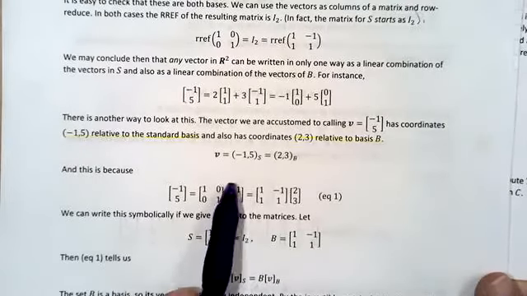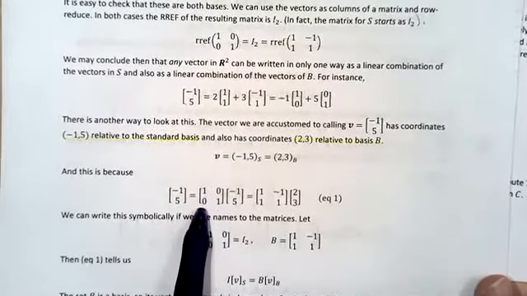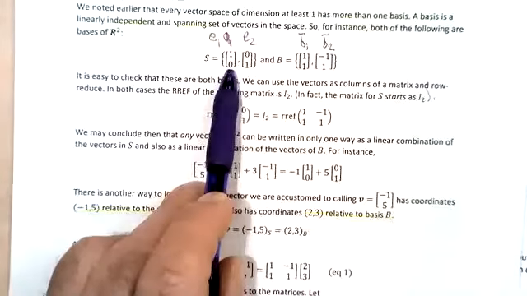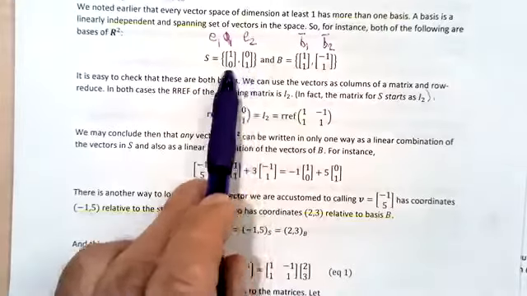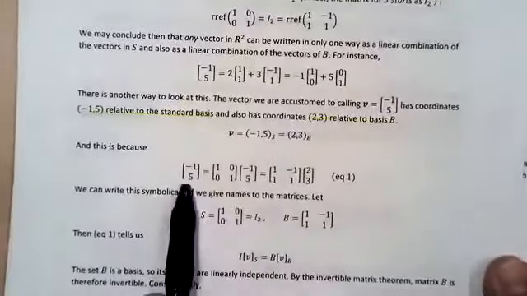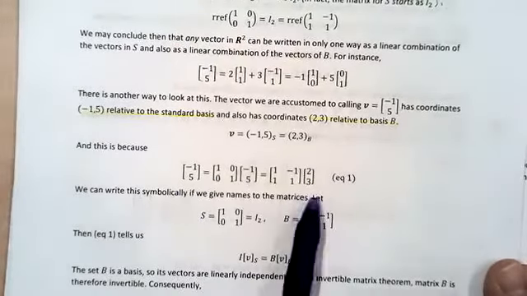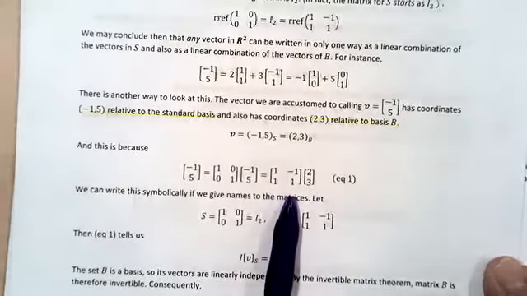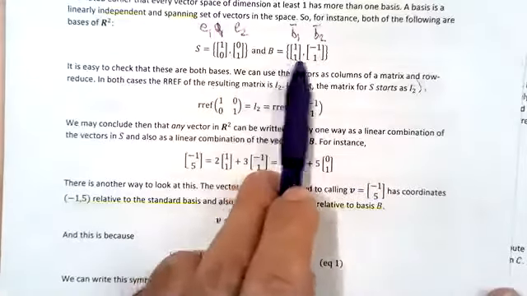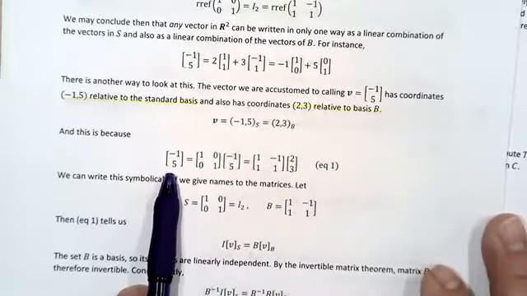If I take (-1, 5) and multiply it by the identity, which is the matrix corresponding to the standard basis, I get (-1, 5). But if I take (2, 3) and multiply it on the left by this matrix, which just uses these basis vectors as its columns, then I also end up at (-1, 5).